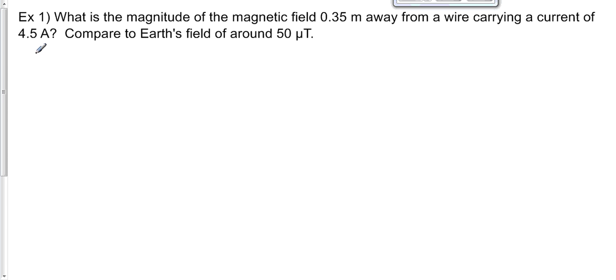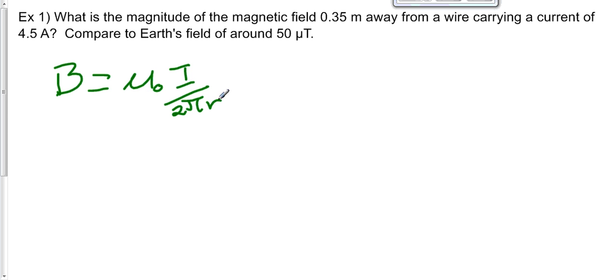So how are we going to do this? Well, let's use Ampere's law. Ampere said that the magnitude of the magnetic field is given by mu naught I over 2 pi r. And we know the current, we know the permeability of free space, we know the distance away from the wire, so we're just going to plug our numbers in.